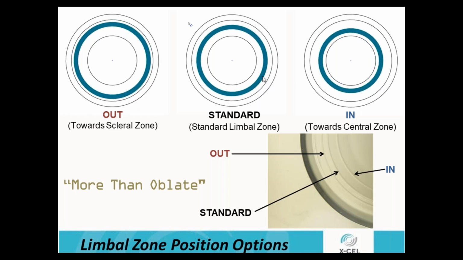So in this case, I want to move the steepest or highest point of my limbal zone to that highest point, which would move it in from standard. And you can see it's represented here with laser marks. So standard is this middle line. If I move it in, the highest point is going to move a millimeter in towards the central zone.